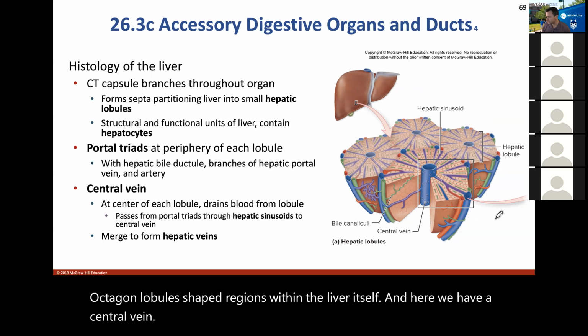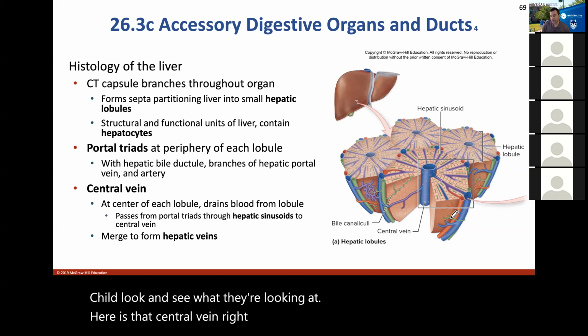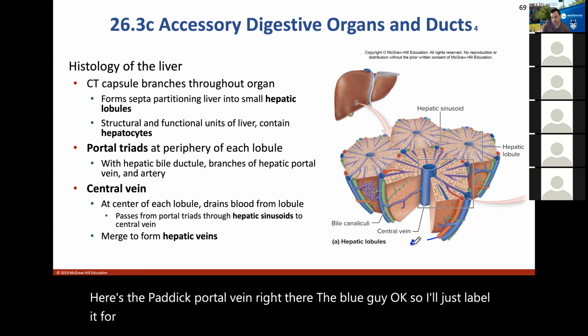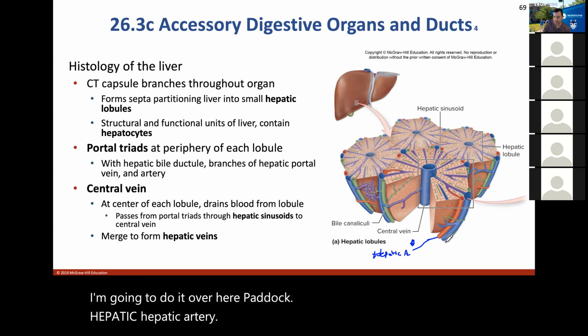Trying to look and see what they're looking at. Here is that central vein right here. Here is the artery. Here's the hepatic artery. Here's the hepatic portal vein right there, the blue guy. Okay, so I'll just label them for you. I'm going to do it over here. Hepatic artery.